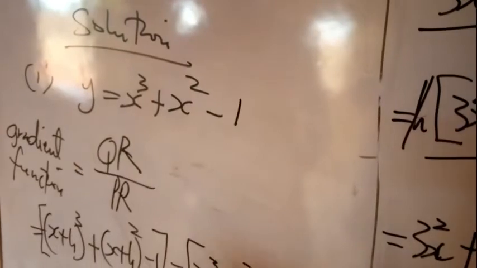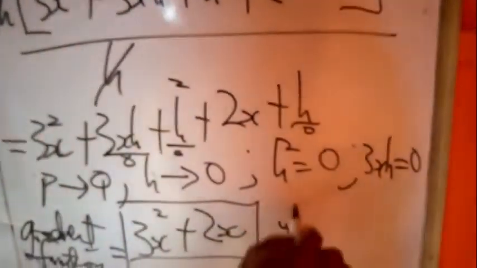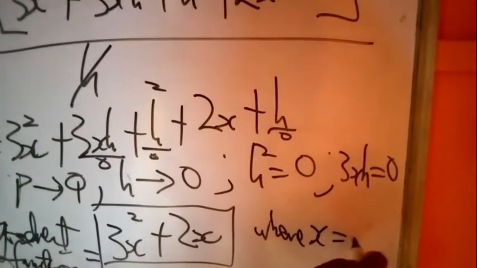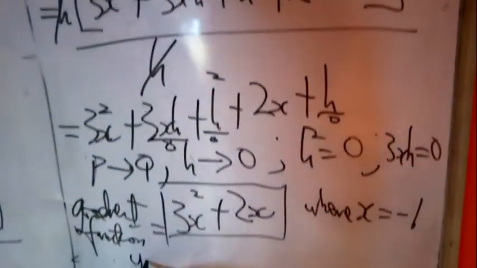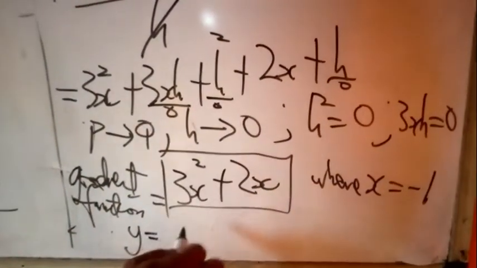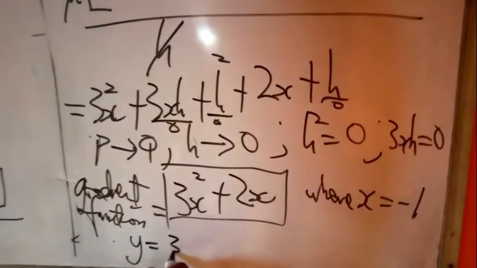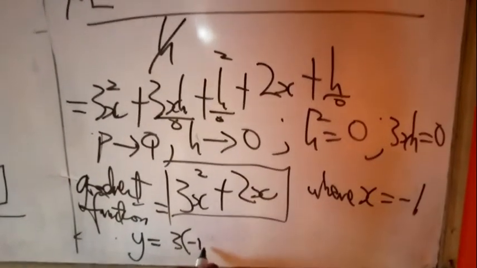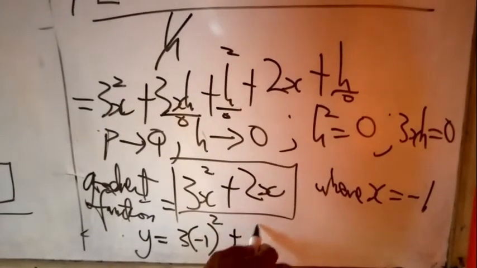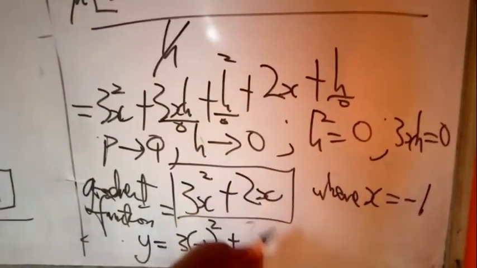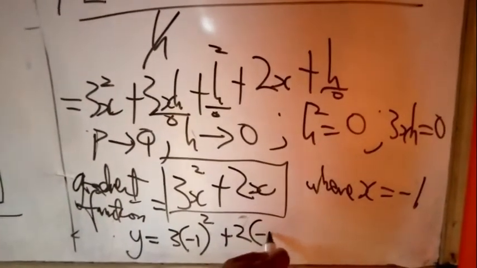So, where x is equal to minus 1 from the equation, let's substitute into the equation. It now becomes y is equal to 3 into minus 1 all squared plus 2 into minus 1.